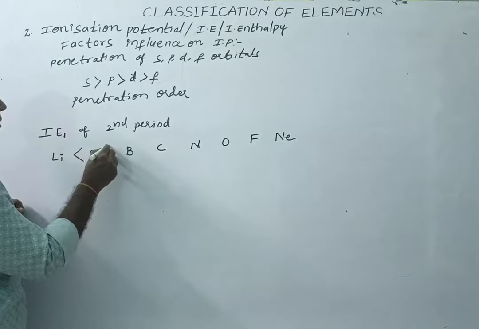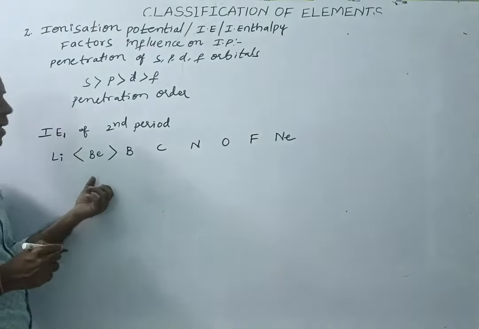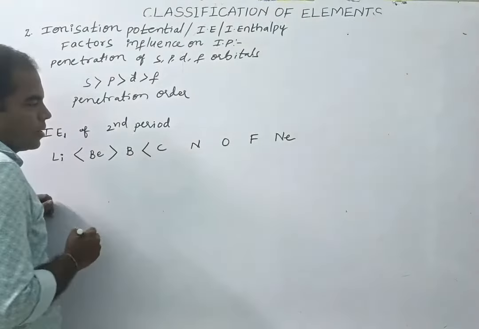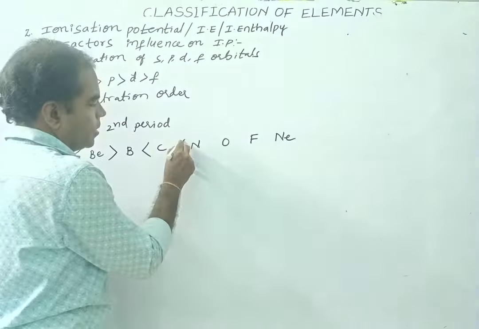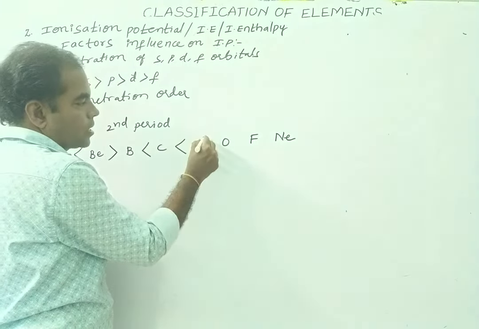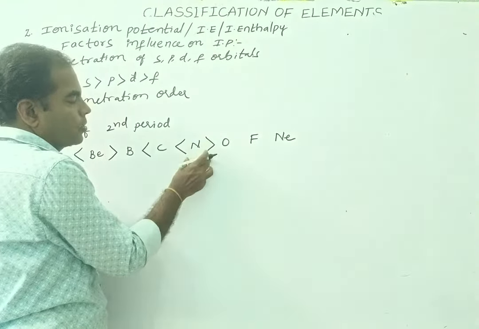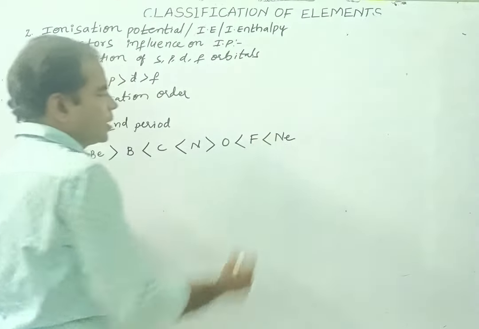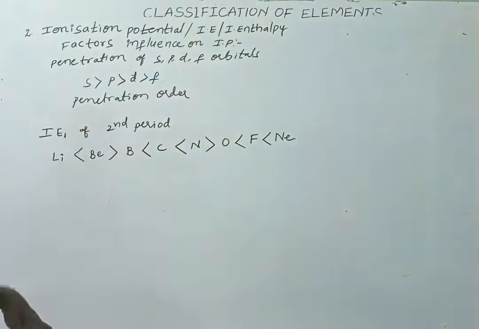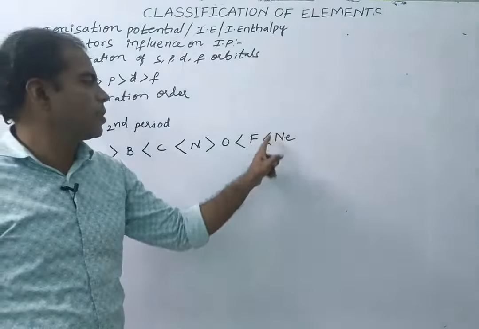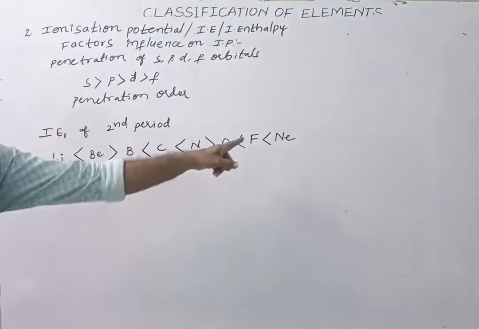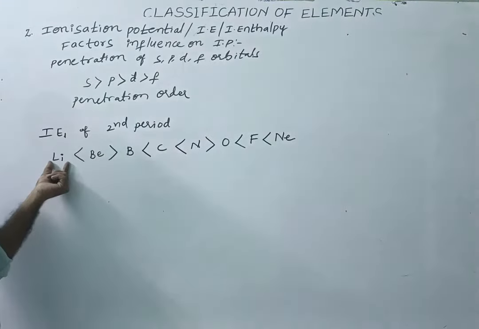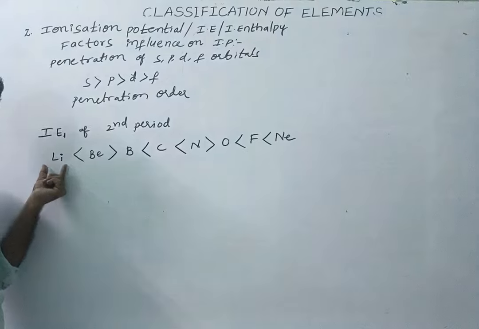Beryllium has paired electrons 1s2 2s2. Boron and carbon, nitrogen has half filled electronic configuration. That's why more ionization potential. Oxygen, fluorine and neon. That means in the second period, the highest ionization potential is neon. Why? Because it is an octet configuration. The least first ionization potential is lithium.